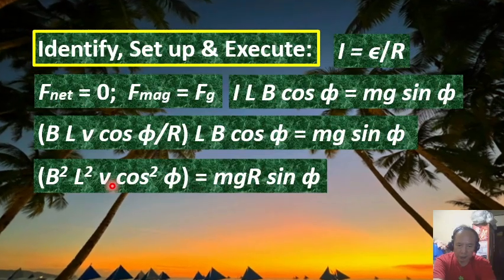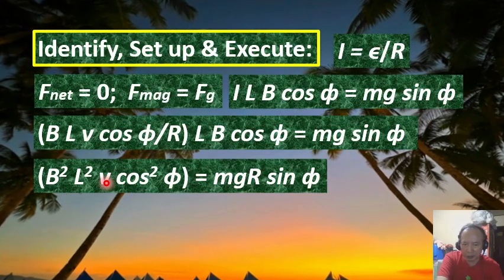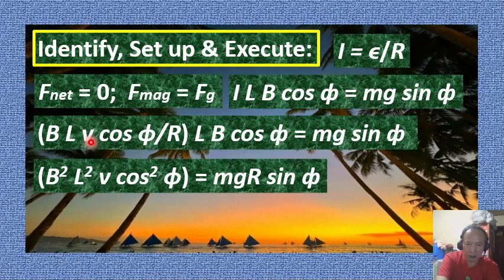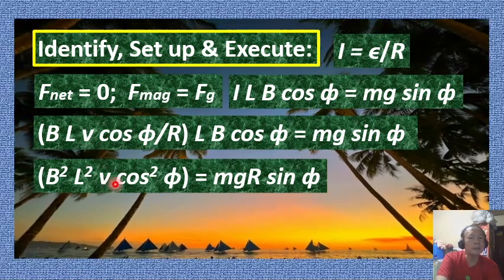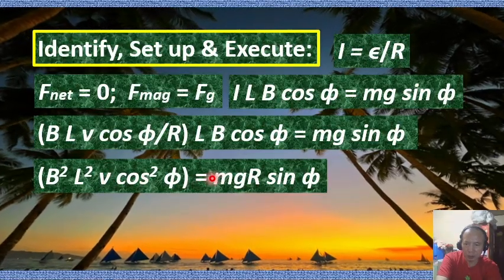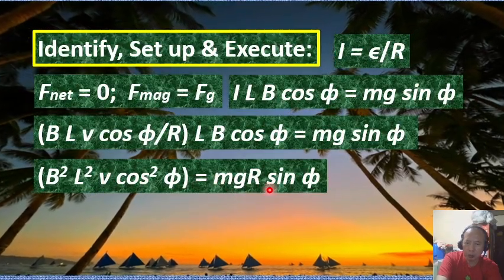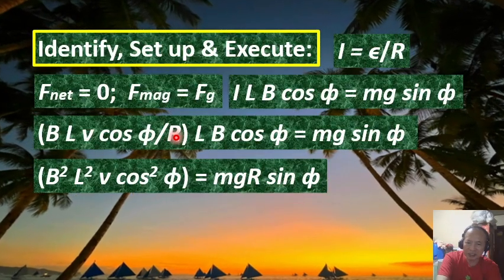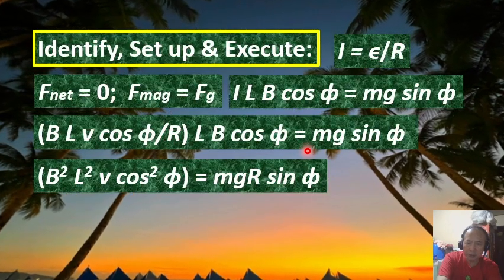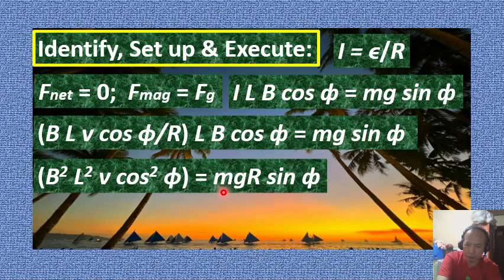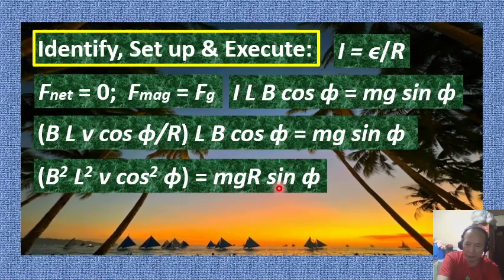The terminal speed V is just put down here, this equation, then equated to mg times R. The resistance, big R, is cross multiplied to the right side of the equation, mgR, and then sine angle phi.